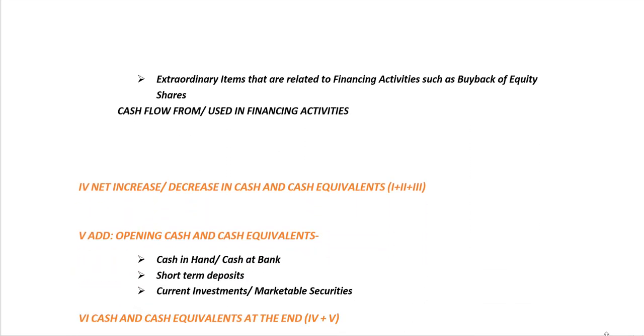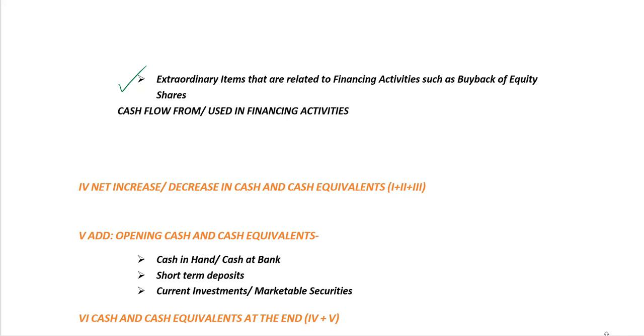We will deal with any extraordinary items which are related to financing activities, such as buyback of equity shares. It will result in outflow. And finally, we will arrive at the cash flow from financing activities for a positive figure, and cash used in financing activities in the case of a negative figure.